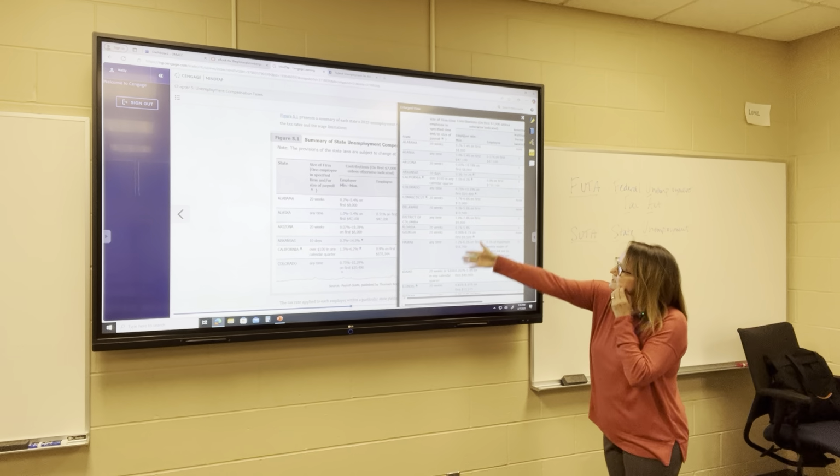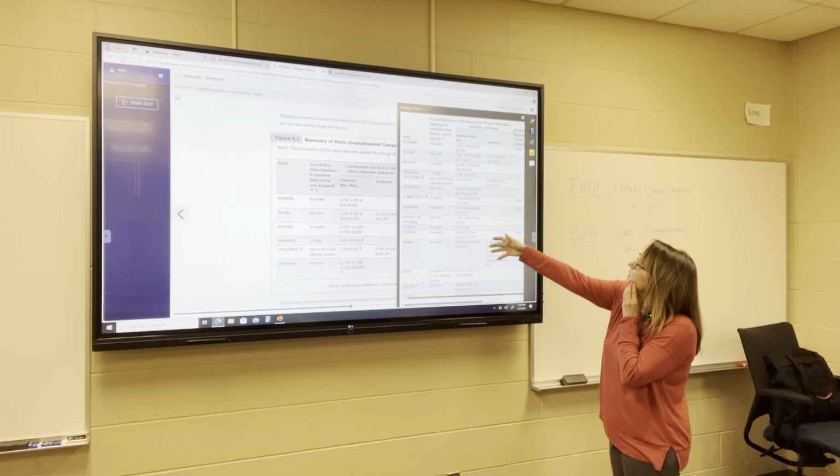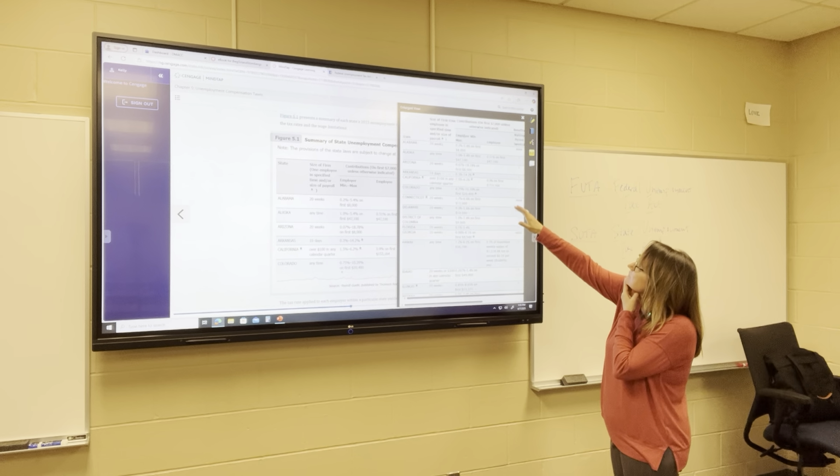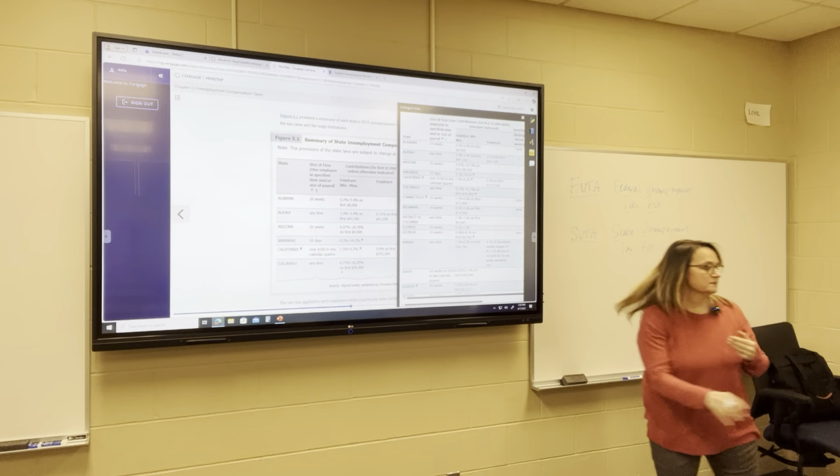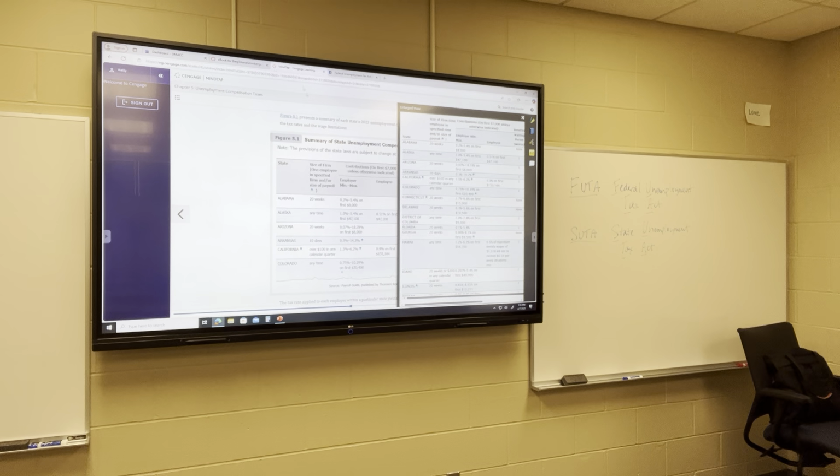All the states are listed over here at the left. This is so hard to read because they've got it crunched up. Here we've got the employer minimum and maximum rates.